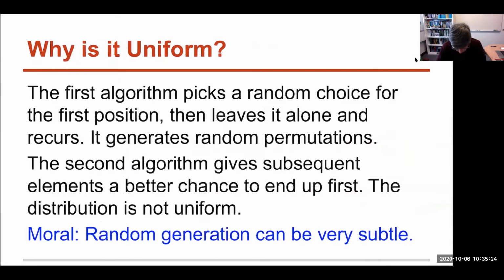So again, this is the argument that I give you. And the key moral here is that when you're doing random permutations and random sampling, this is often a very subtle problem. And one good thing to do whenever you do any random sampling is to tell whether your procedure is really random, is to do a significance test.